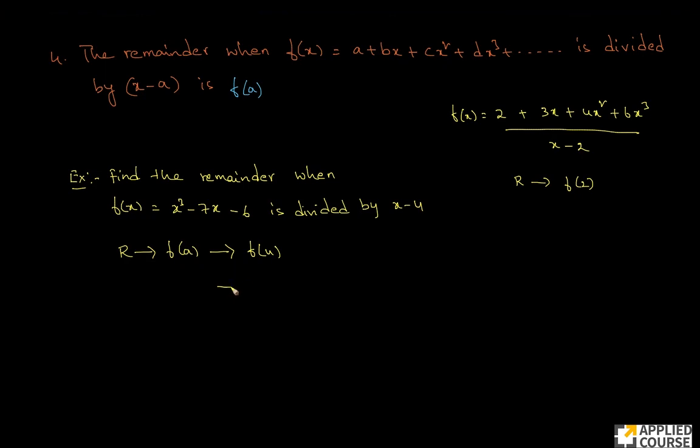The expression will be 4 cube minus 7 into 4 minus 6. So 4 cube is 64, minus 28, minus 6. So 64 minus 34 is 30. So the remainder is 30 for this expression. Understood? How to use?